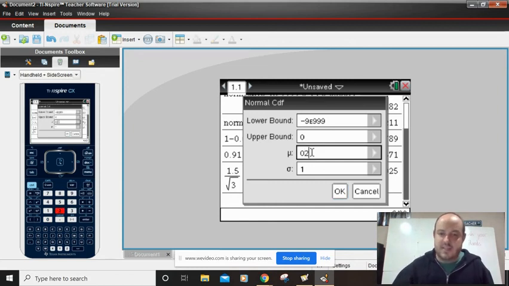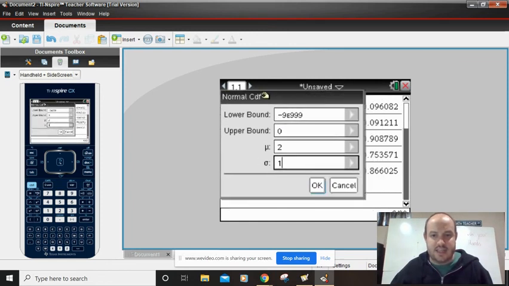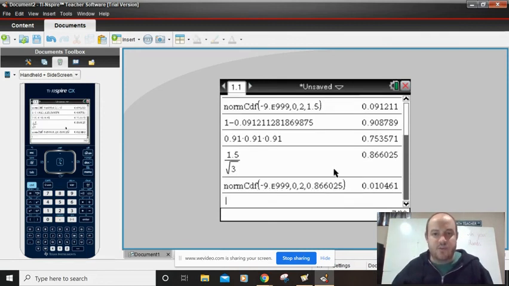We know that the mean doesn't change. It stays to be 2. And the standard deviation in this case is this thing we just found, which is 0.866025. And we hit OK. And the probability of the mean of the 3 of them being negative would be 0.010461.